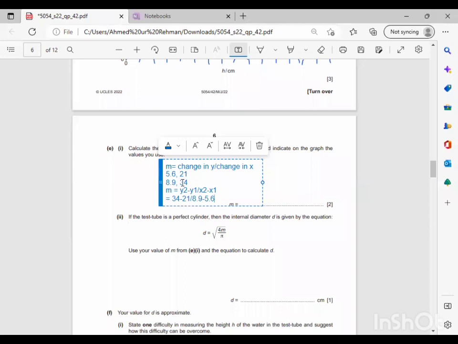Let me see what this is going to give me. This is 34 minus 21, which is 13, divided by 8.9 minus 5.6.